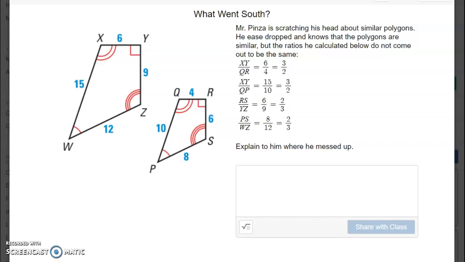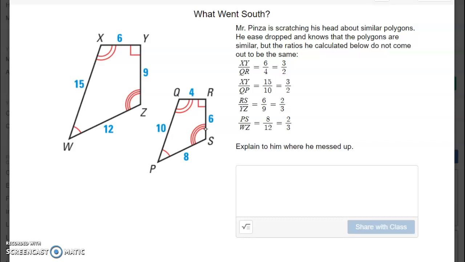Well, xy over pq is 6 over 4. That's correct. xy over qp is 15. Okay, I think this is a typo. This is supposed to be xw over qp, which is 15 over 10, or 3 over 2.